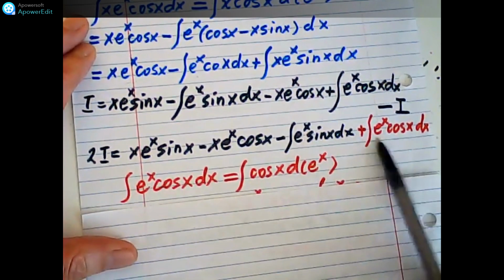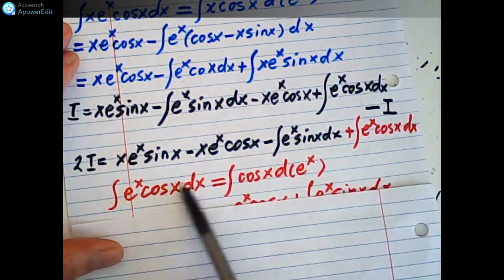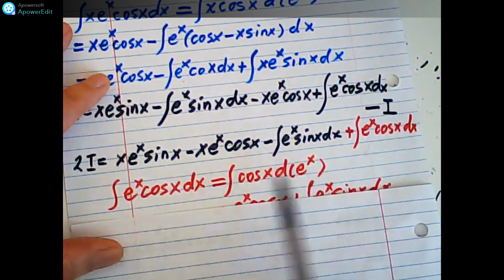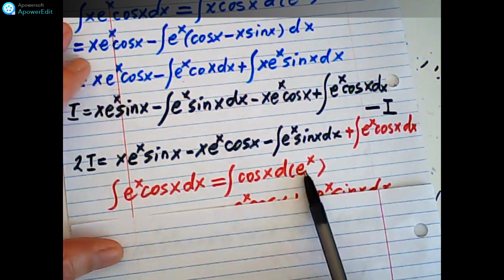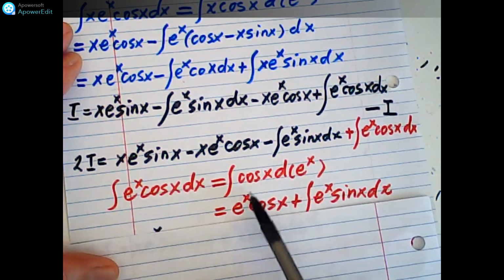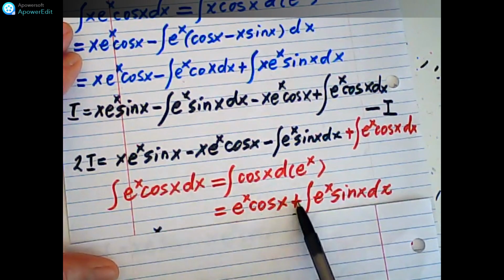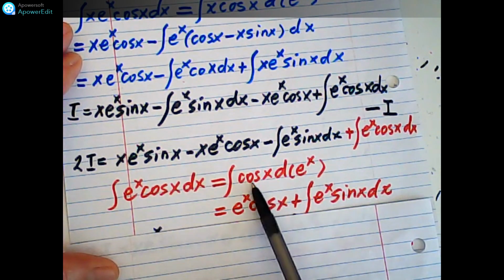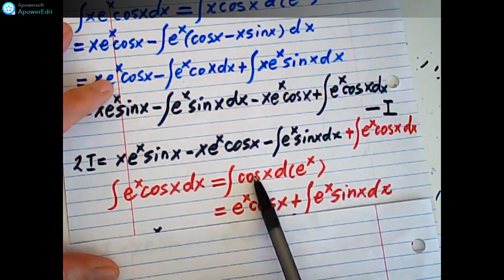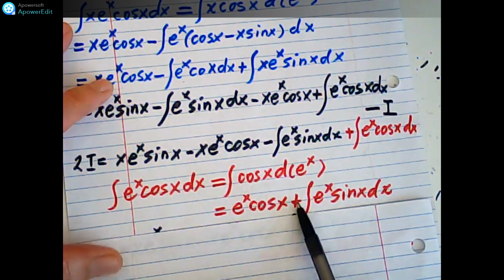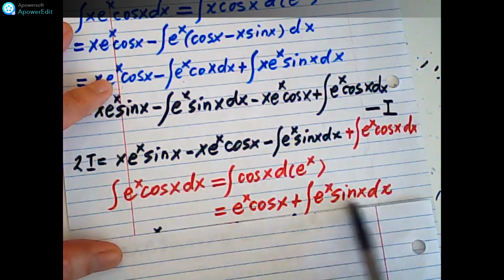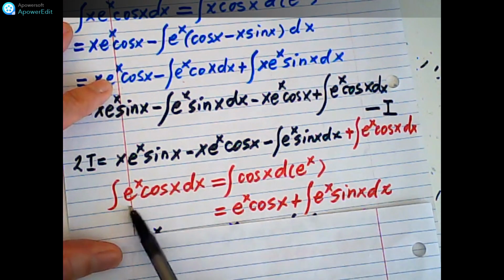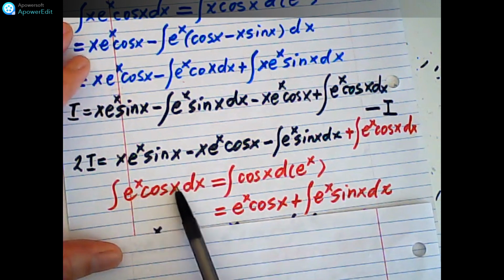Then I do the red integral. The red integral is this, and I associate e to the x dx as d of e to the x. Then by parts again, uv minus v du, this time this derivative has a negative sign, so it becomes plus again. So this is the integral of e to the x cosine x dx.